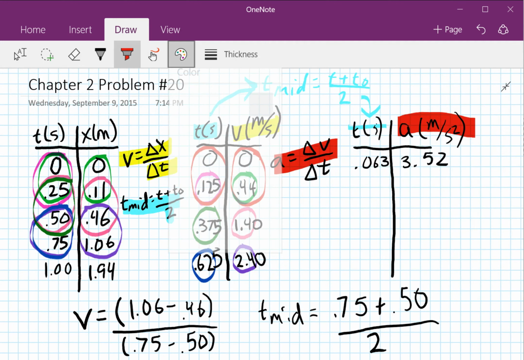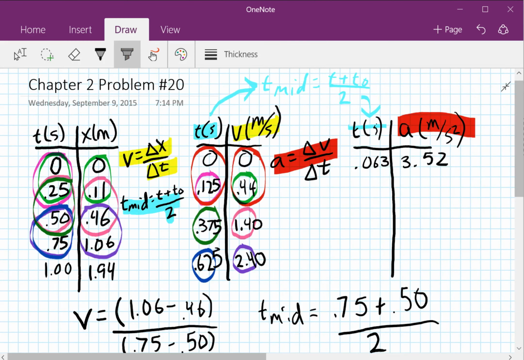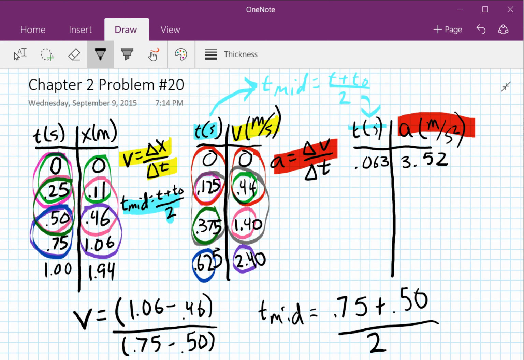The next pair, let's use gray. I haven't used gray yet. So next pair is here, and this pair. So you take 1.4 minus 0.44 divided by 0.375 minus 0.125.